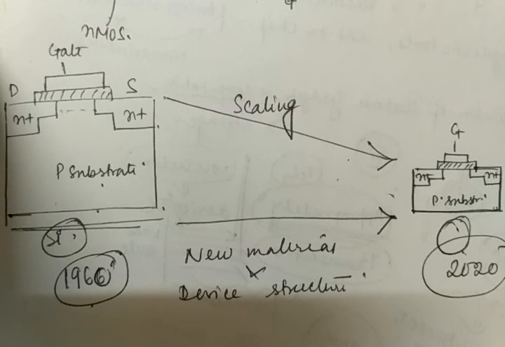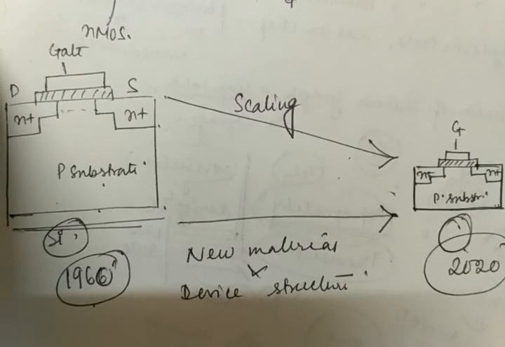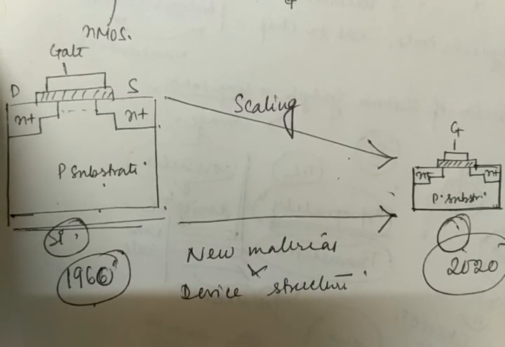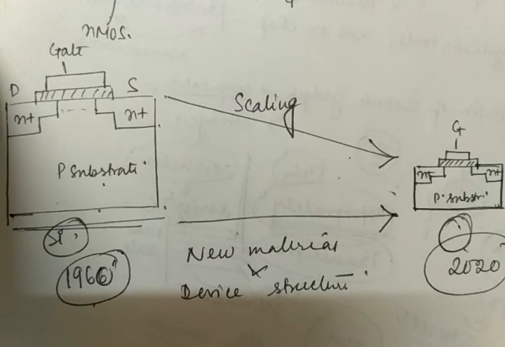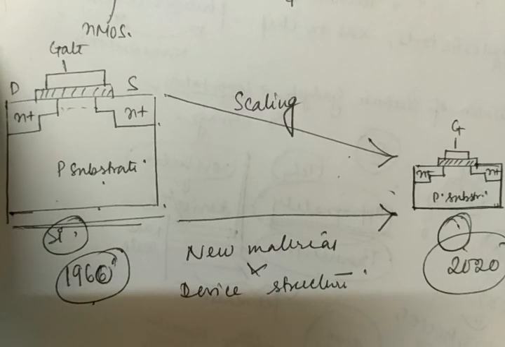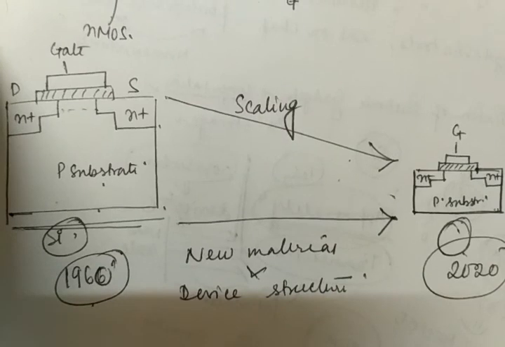Why CMOS structure? Please go through the concept, because CMOS is used for various kinds of advantages. What is the internal diagram of CMOS, how CMOS works, what is PMOS, what is NMOS, what are their fundamental operations. Everything should be known before entering MOS scaling.